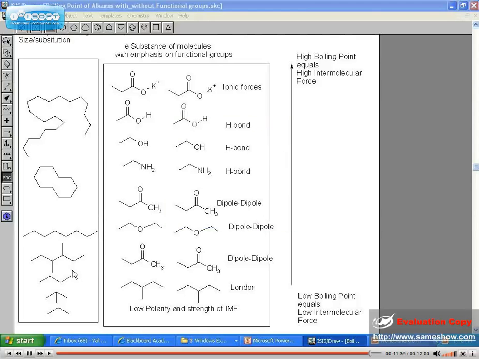And then as we keep going down, we see examples of molecules that are substituted. So this one right here, if it's more substituted, it'll have a lower boiling point due to this less rocking motion. So you'll be responsible for understanding and ranking boiling points of functional groups and hydrocarbons.